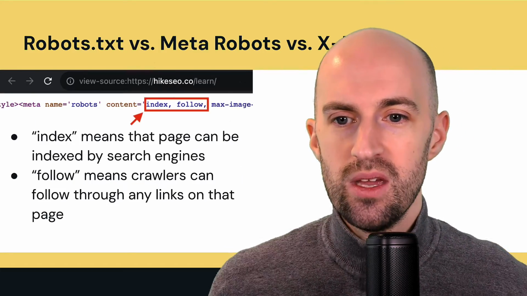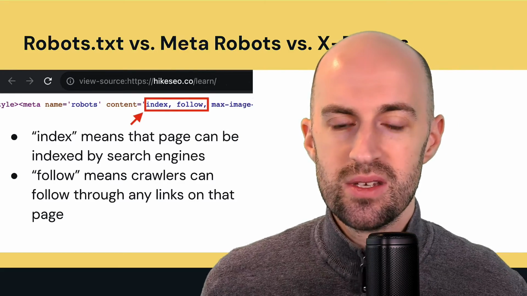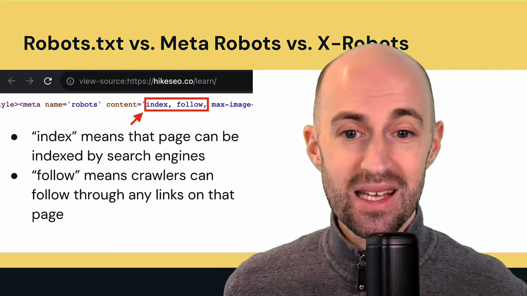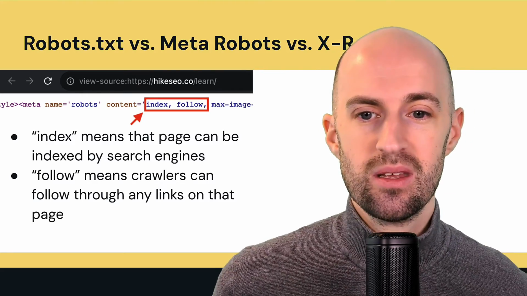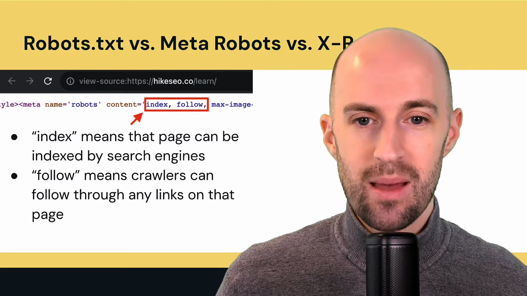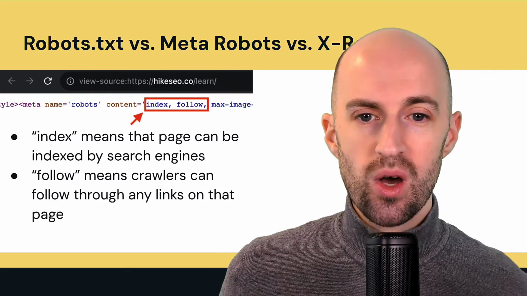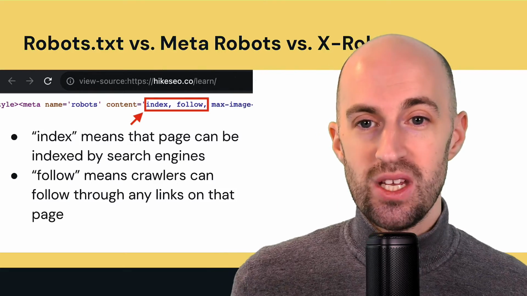For example, here on Hike SEO, we have content, index and follow. Index means that the page can be indexed by search engines. Follow means crawlers can follow any links on that page. If you switch it to noindex and/or nofollow, then obviously that will change the behavior.